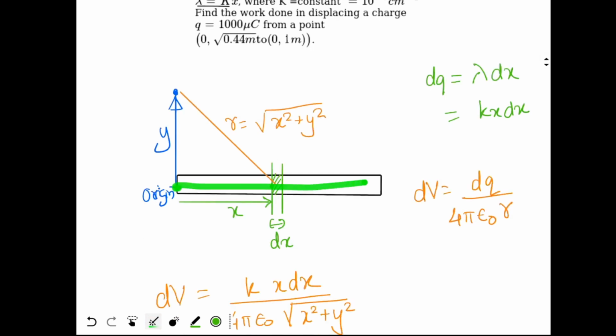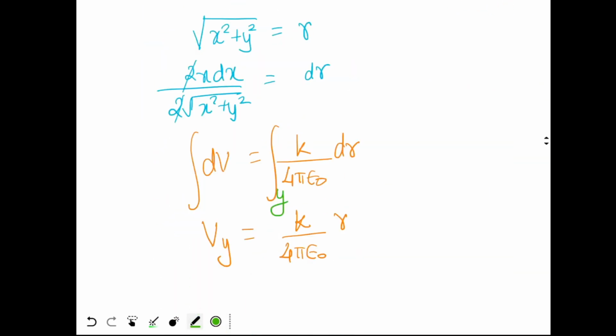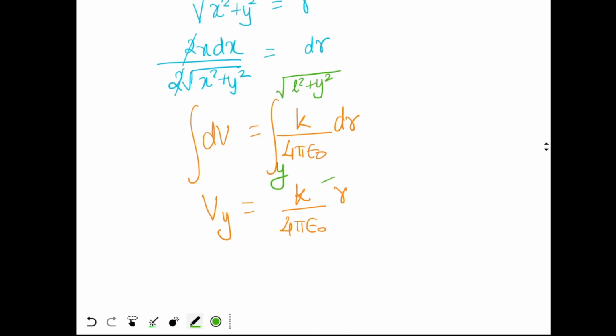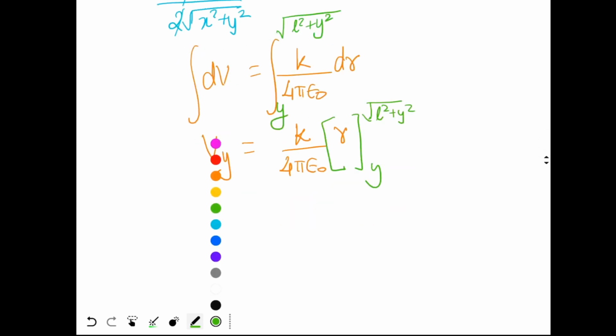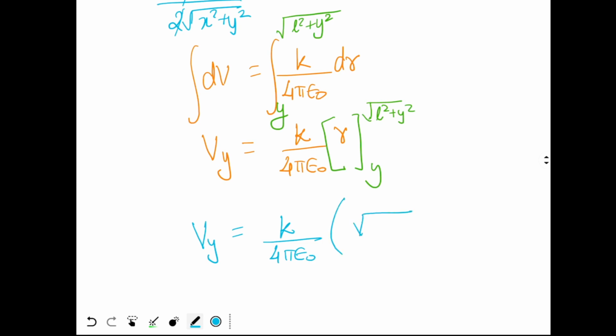So the upper limit will be root of L square plus y square. So I need to put the limits y to root of L square plus y square. So my potential will be Vy equal to k by 4 pi epsilon naught times root of L square plus y square minus y.